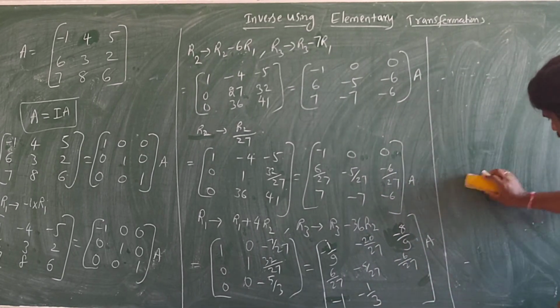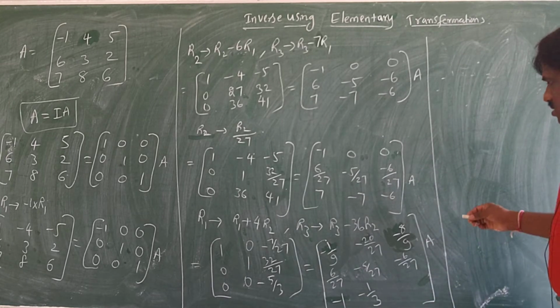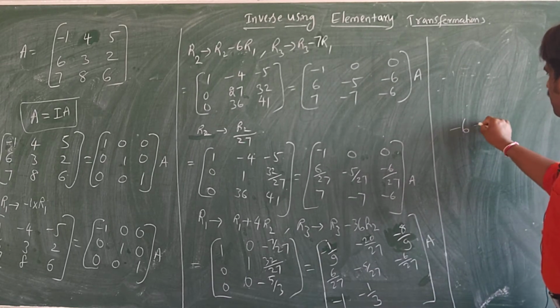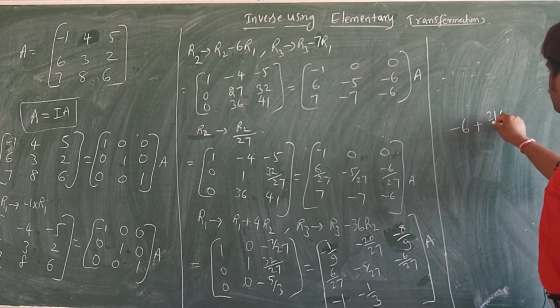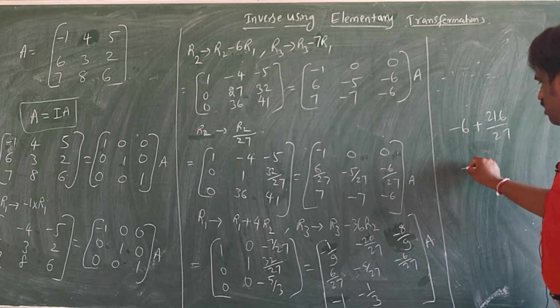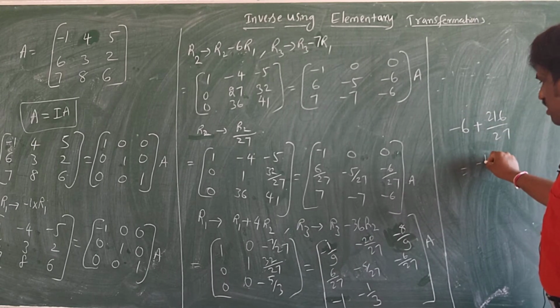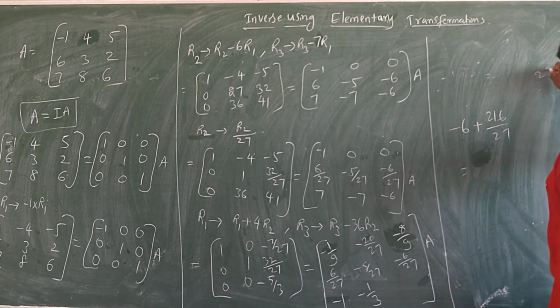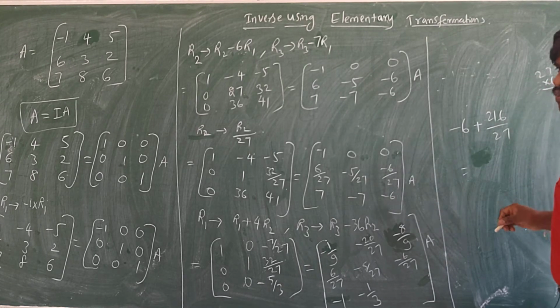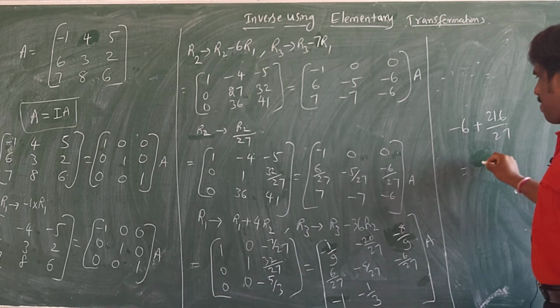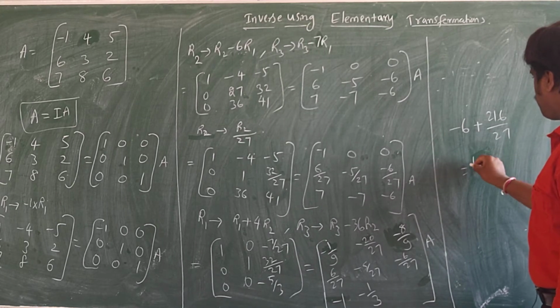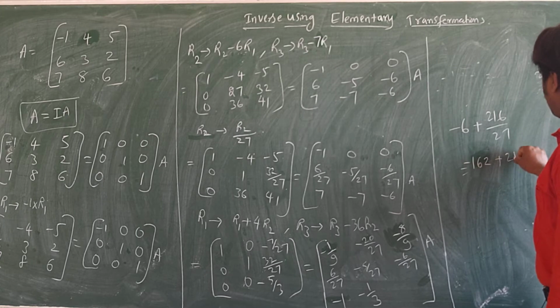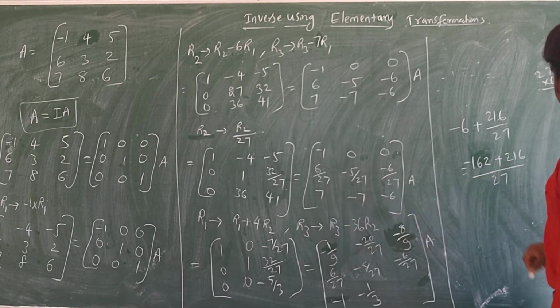Minus 6 plus 216 by 27. So this I am getting 189, right? No. 27 into 6. 7 sixes are 42, 2 sixes are 12 plus 4 is 16, 162. 162 minus 162 plus 216 by 27.